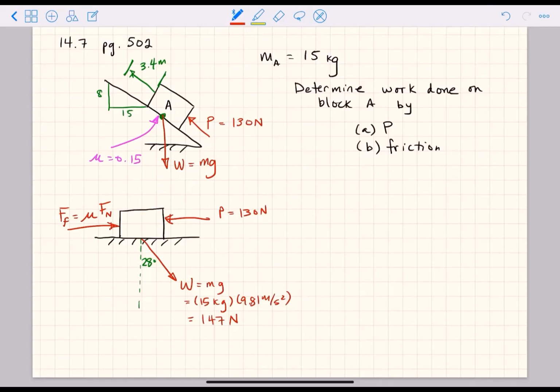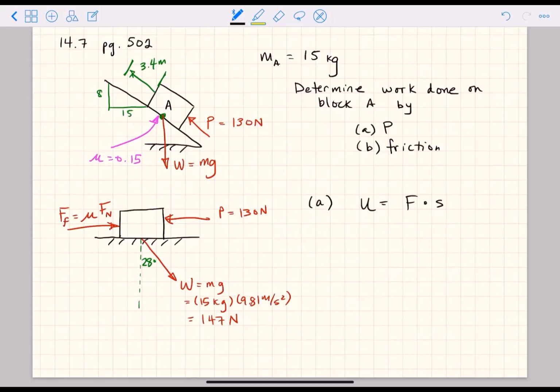So we can actually solve part A. It's quite straightforward. For part A, it wants to know what work is done on the block by force P. Well, this block moves to the left, and the force is acting to the left. And remember that the equation for work is capital U equal to force times the distance.